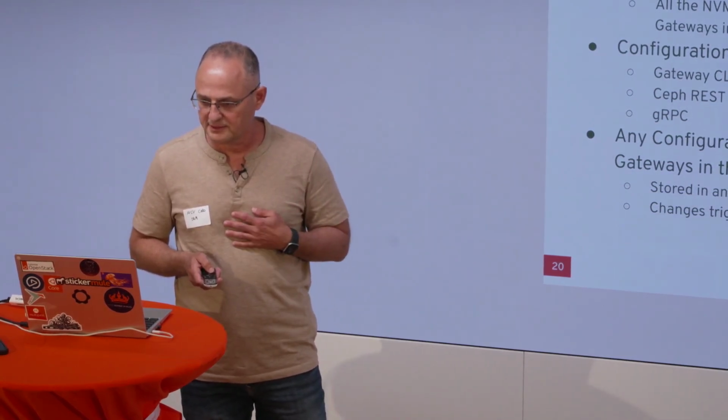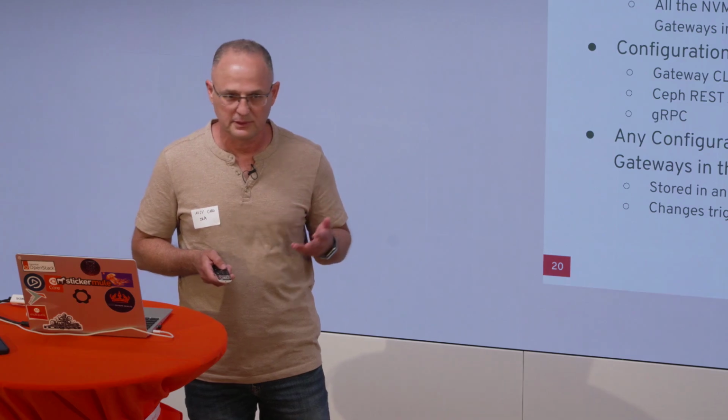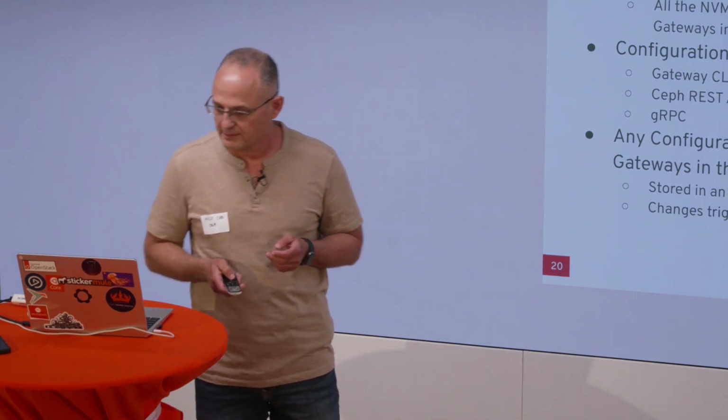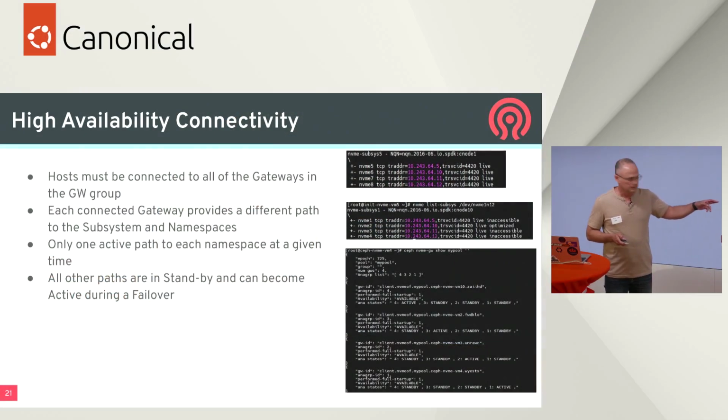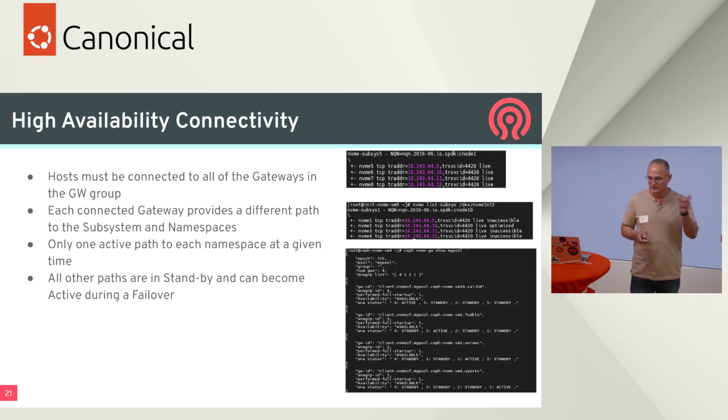Configuration, as Orit said, can be done through the CLI that we have, or through the gRPC API, or the Ceph REST API. From the host perspective, on the right side is Linux. You're doing, for example, NVMe connect all. You provide the IP address of one of the gateways in the group, either one of them.